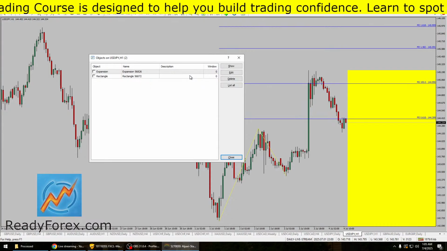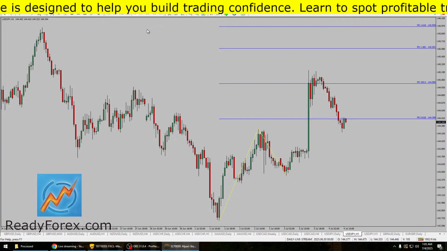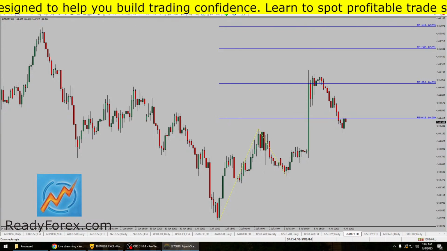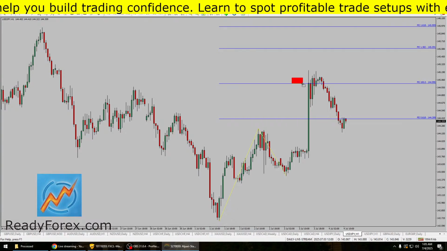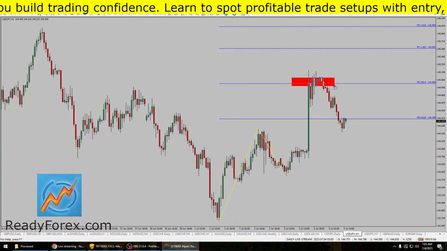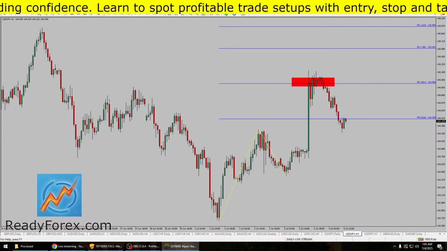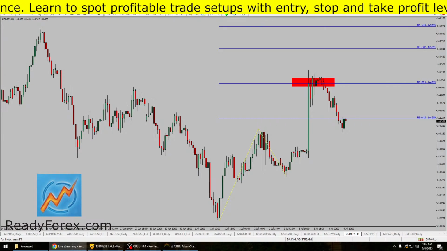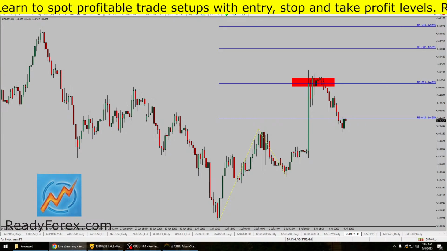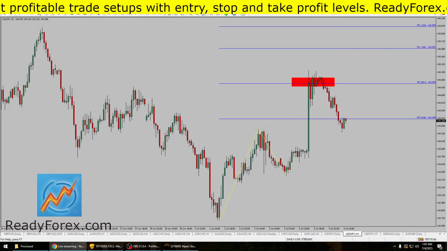If I remove this rectangle over here, delete. This is what we got, the 100% move right over here. Okay, so we got this 100% move.